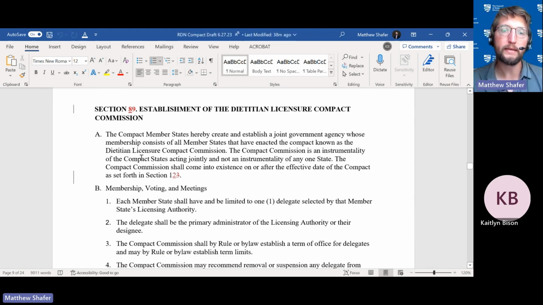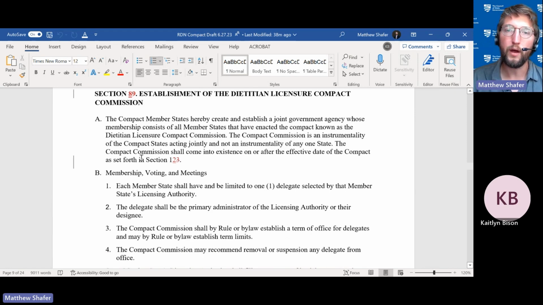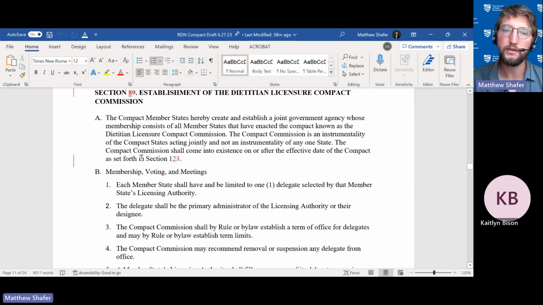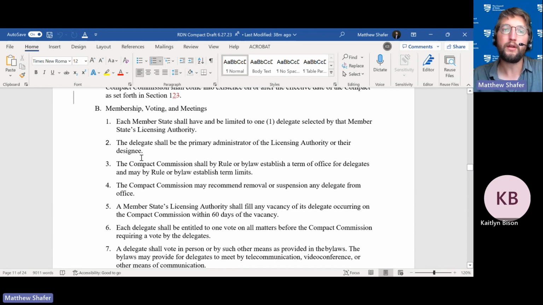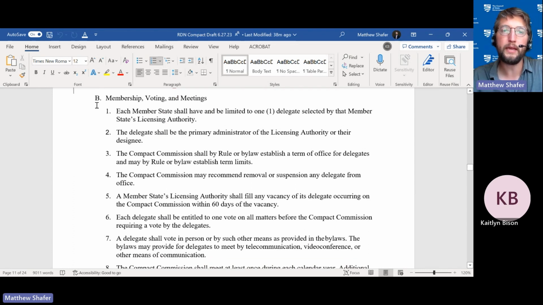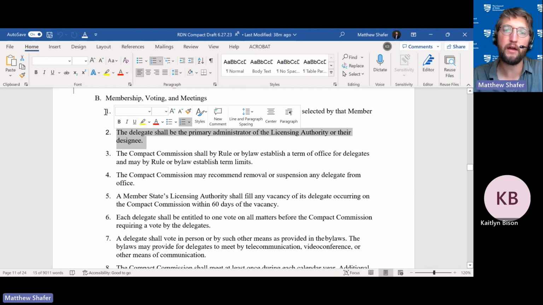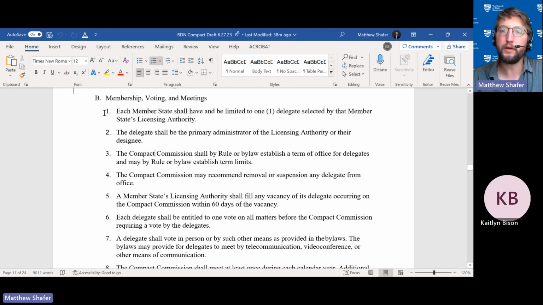Establishment of the Compact Commission. So again, the Compact Commission is just the governing body that administers, governs, and oversees the administration of the compact in the long term. You can see here in subsection B, Number 2, that we say that the delegate shall be the primary administrator of the licensing authority or their designee.